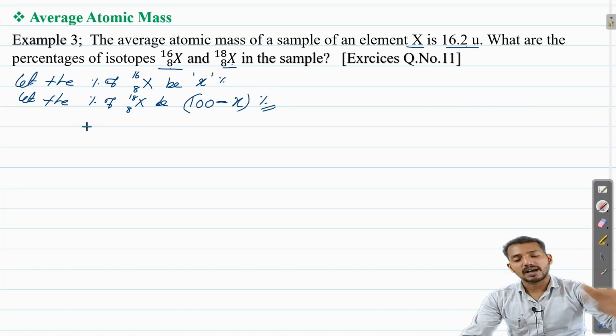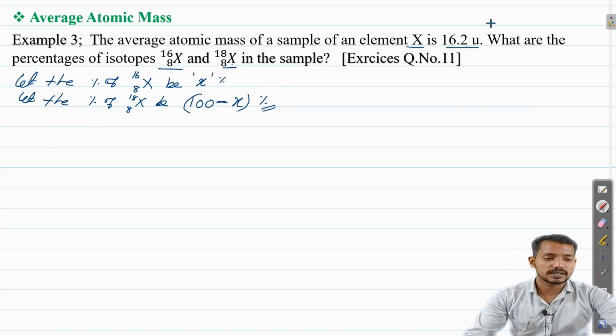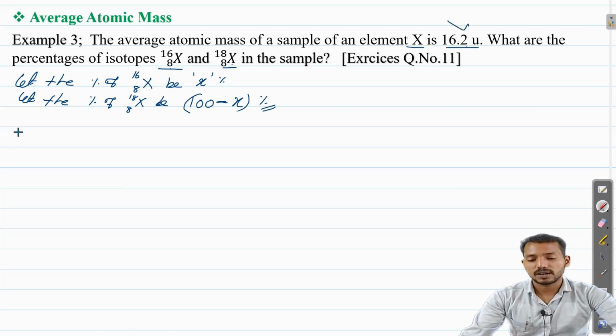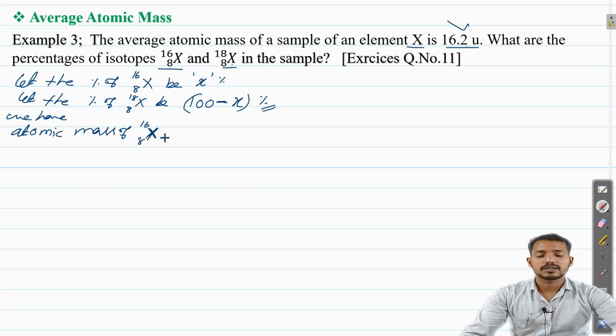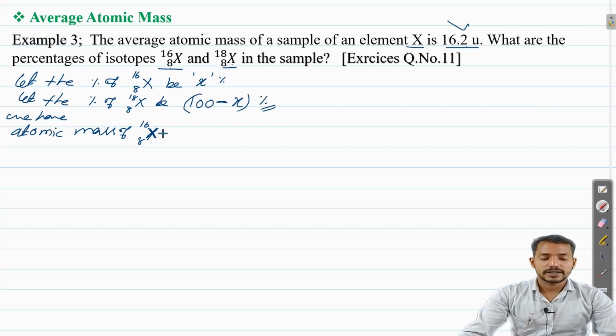Now what is the average atomic mass formula, because that is the quantity given in the question. So we have the atomic mass of X-16, this is 16, into the percentage of X-16, x, divided by 100.